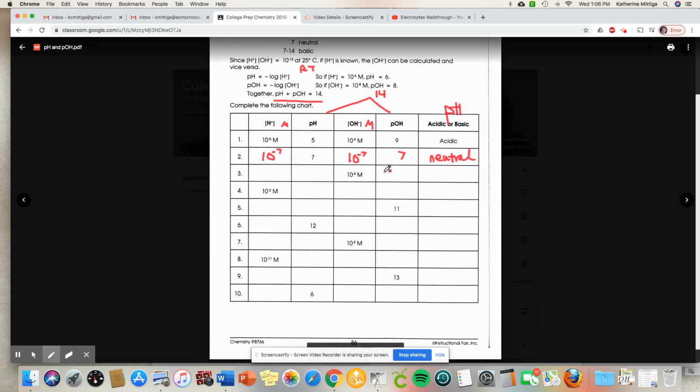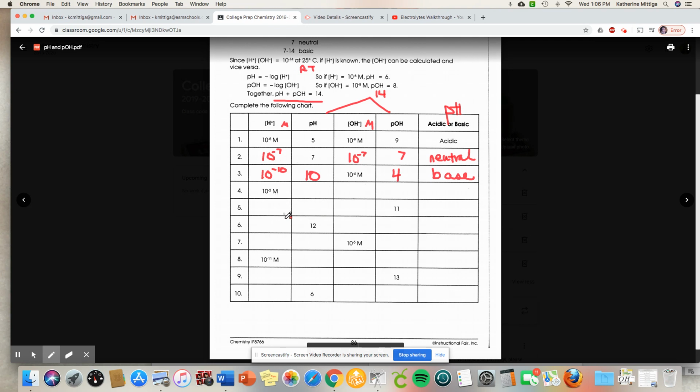Okay, if we have an OH minus concentration of 10 to the minus 4, that means your pOH is 4. That means 4 plus something's got to give me 14, which makes this a 10. If you've got a pH of 10, that's a base. If you have a pH of 10, that means the concentration is 10 to the minus 10 molar.